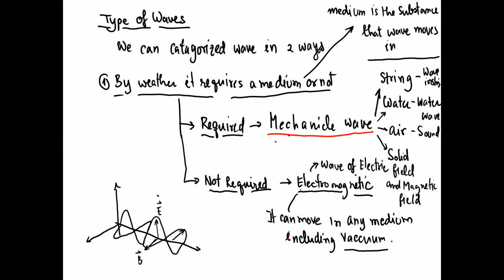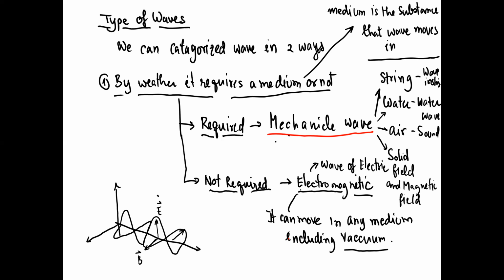which is the ground and the rocks that it is going through. Now, there is another type of wave that does not require a medium at all, and that is the electromagnetic wave. Okay, and the reason the electromagnetic wave doesn't require a medium is that it consists of two vectors that induce each other to change.